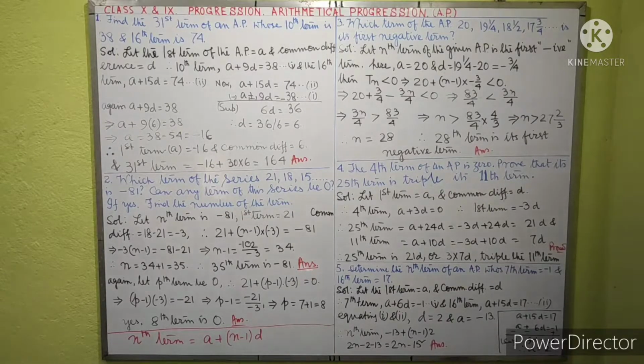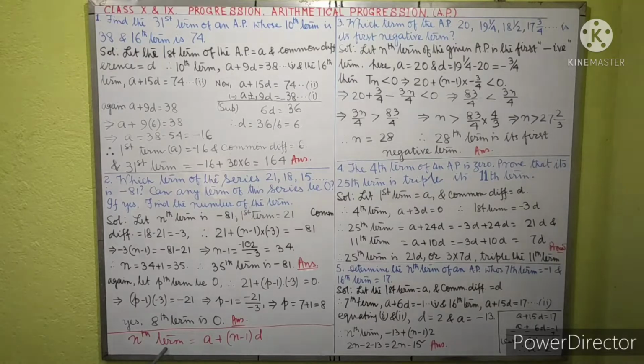Here the common difference is 18 minus 21, which equals minus 3. Therefore the common difference is minus 3. The first term is 21, and let the nth term be minus 81.